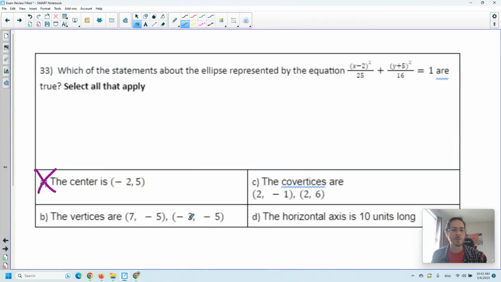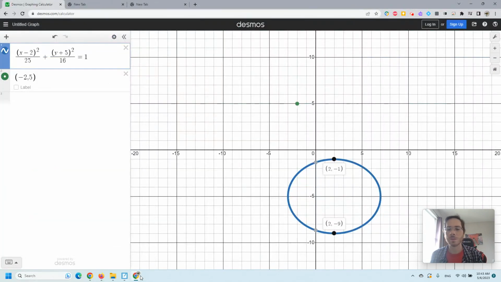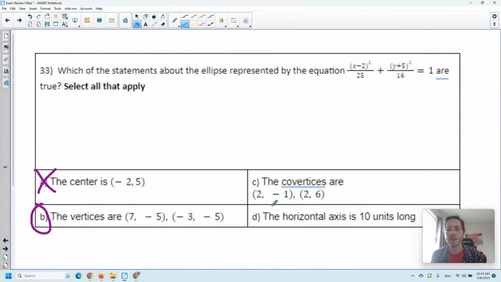So we got the -3, -5 and the 7, -5 for the vertices. The reason that they're the vertices is they're on the long side. If we think about that thing as an egg, that's on the corners of the egg. Top and the bottom of the egg would be the co-vertices. So the co-vertices are actually these two gray dots, 2, -1 and 2, -9. So the 2's are right, the -1's right, but the 6 is incorrect. So we're not going to pick C.